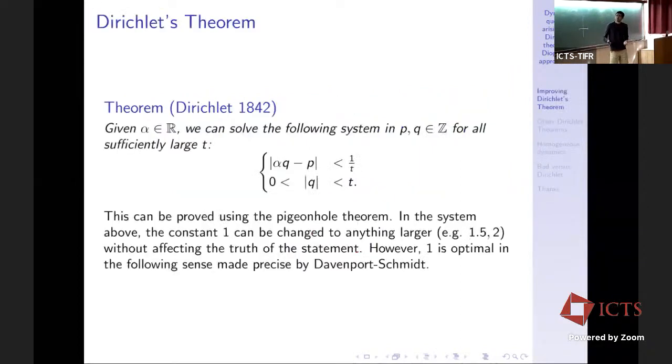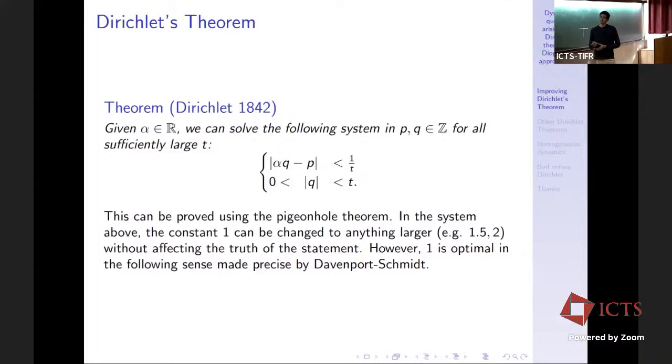So this is Dirichlet's theorem. What's going on? We have a real number alpha, and we iterate by integers. We take q alpha, and then we look at the distance from q alpha to the integers.